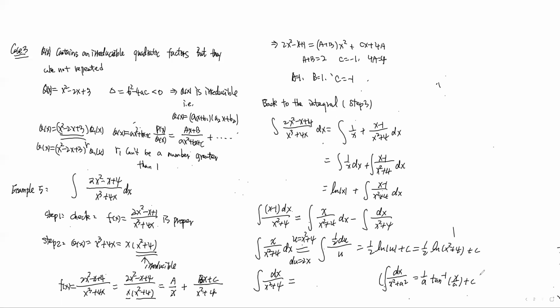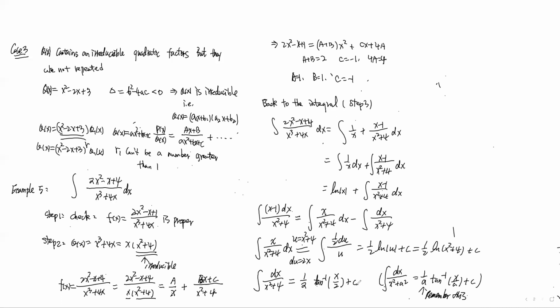You have to remember this. That's the basic formula. So we have 1 over 2 times the inverse tangent of x over 2, plus c.